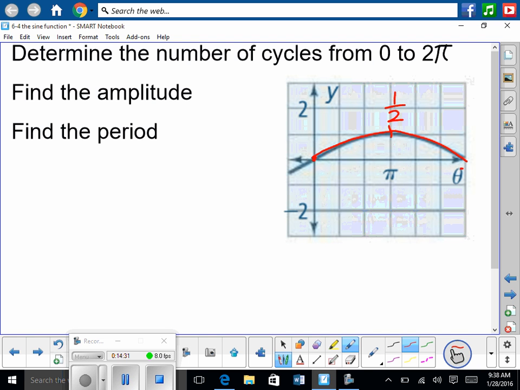Where would we be? 2 pi. If from here to here is pi, then pi plus pi would be 2 pi. So we went a half a cycle up to 2 pi. Does everybody see that? So the number of cycles to 2 pi is a half, right? We only fit in a half. Okay. So the number of cycles from 0 to 2 pi was a half.